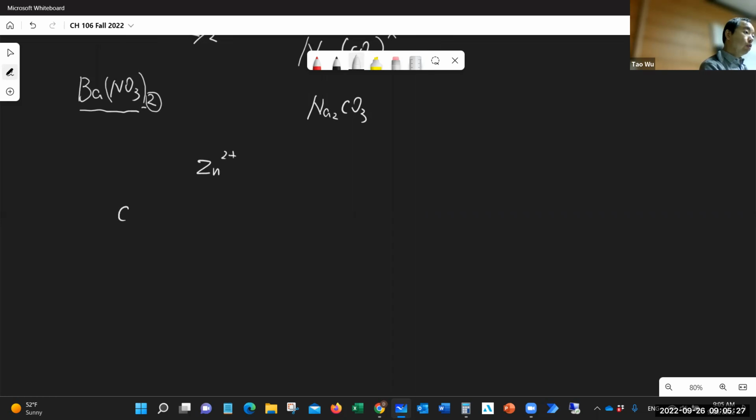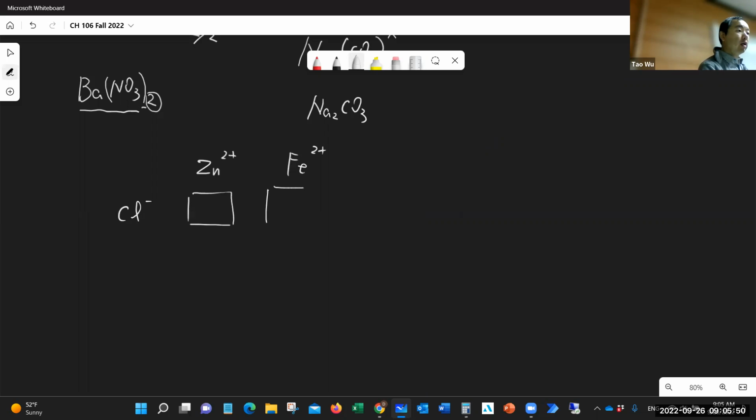And the column shows the chloride over here. Then we have an Fe 2+. So what are you going to do? This box is a combination between zinc ion and the chloride ion. You see, one cation and one anion. So you're going to write a formula that is combining zinc and chloride.